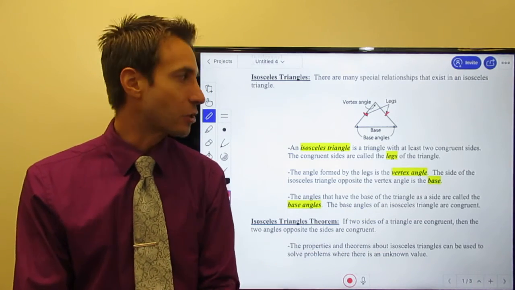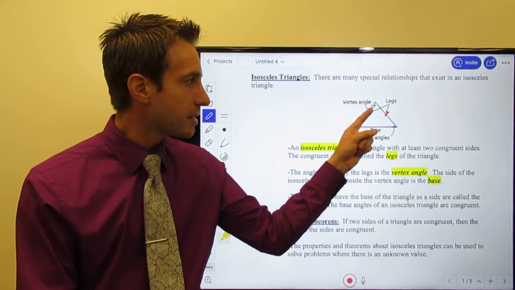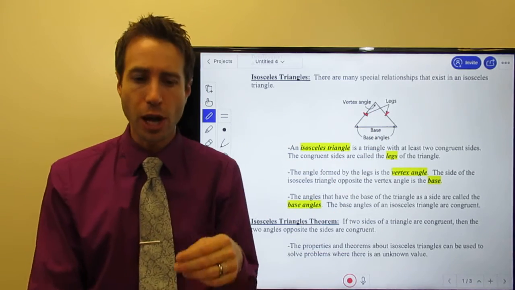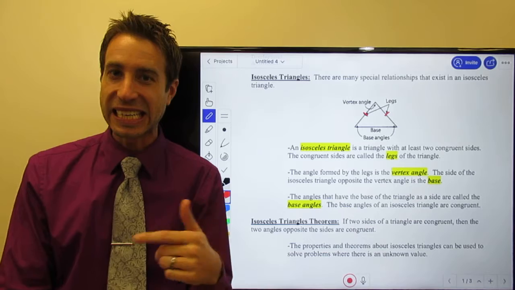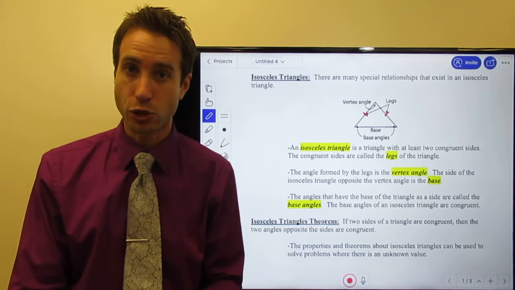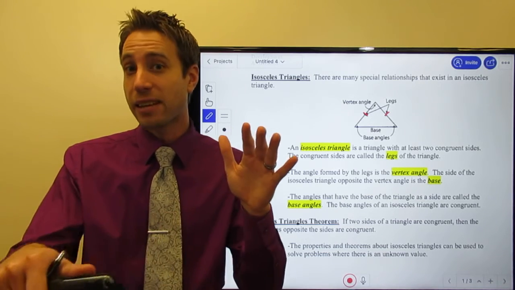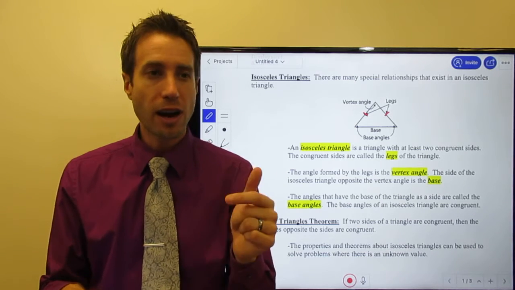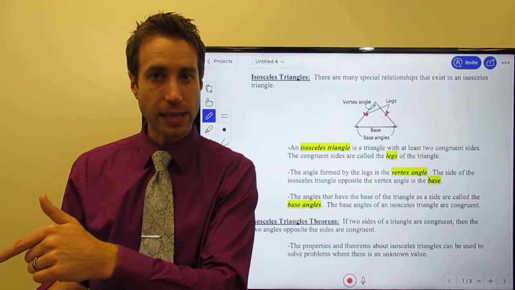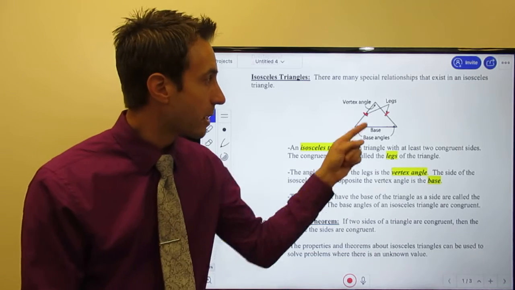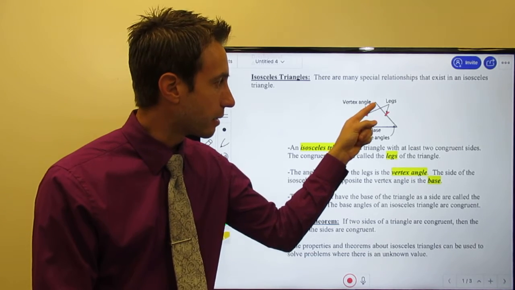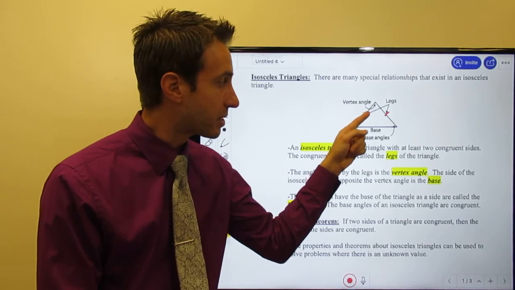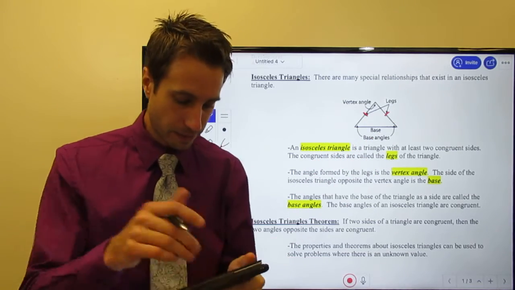But we actually can go a little bit further than that. Because these two sides are congruent, we talked about this idea in geometry that when it comes to a triangle, the length of the side determines the measure of the angle opposite that side. So if this leg right here, the angle opposite it is this one over here.